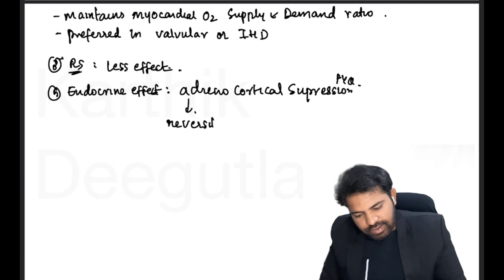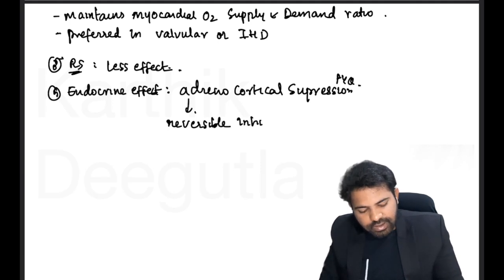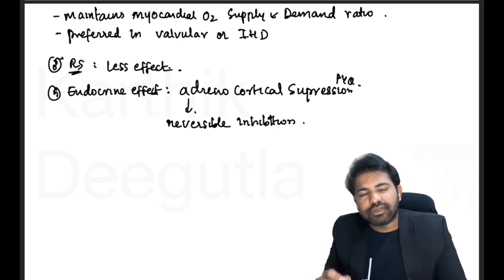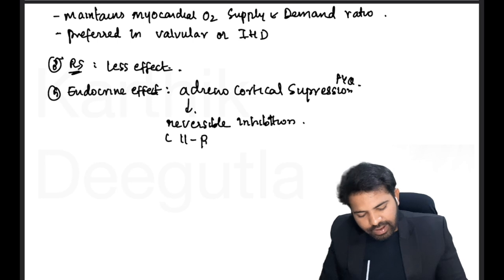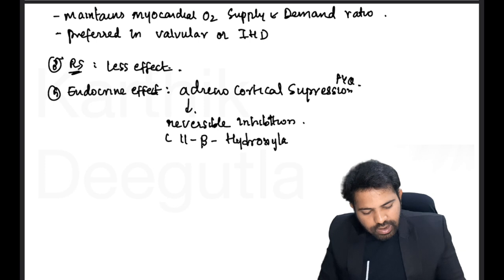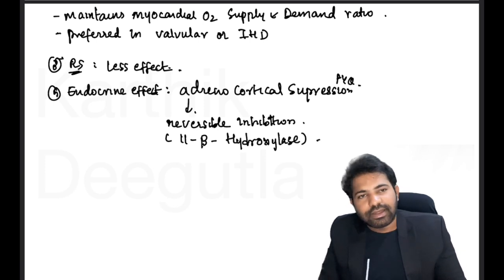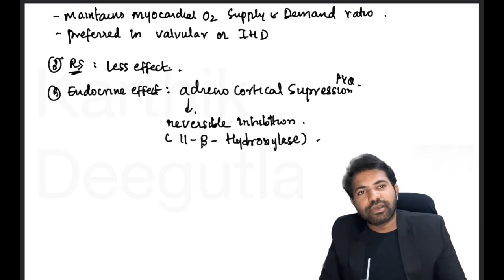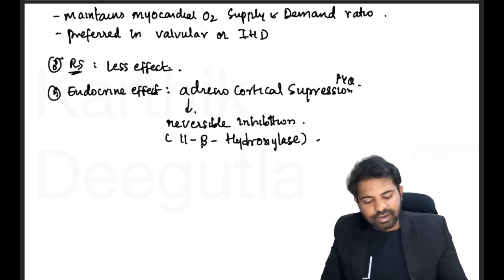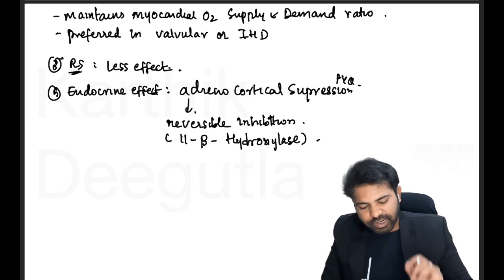It causes reversible inhibition of an enzyme during the synthesis of cortisol from cholesterol. The enzyme involved is 11-beta hydroxylase. Etomidate inhibits 11-beta hydroxylase during conversion of cholesterol to cortisol. That is the reason it causes adrenocortical suppression.